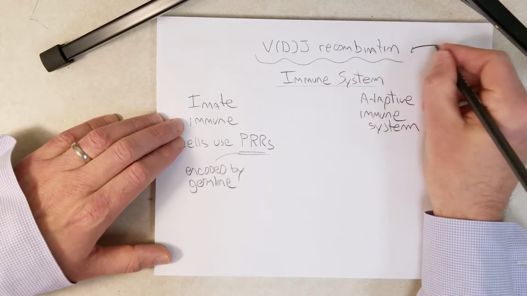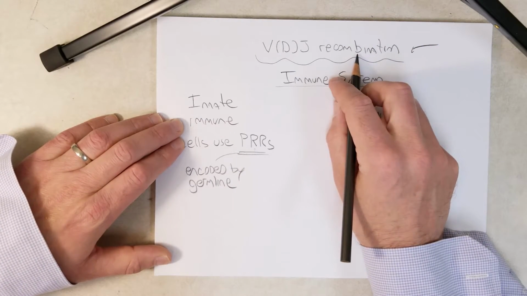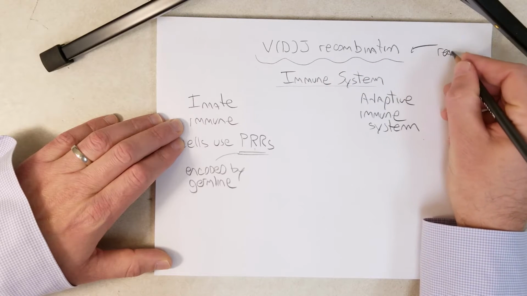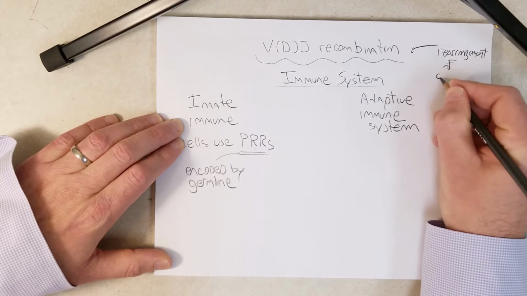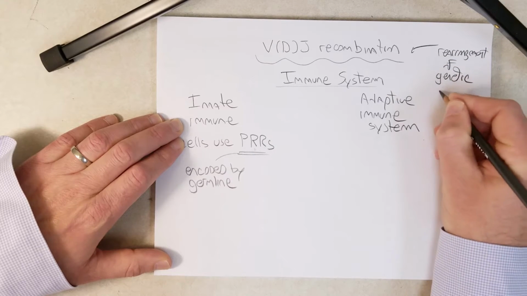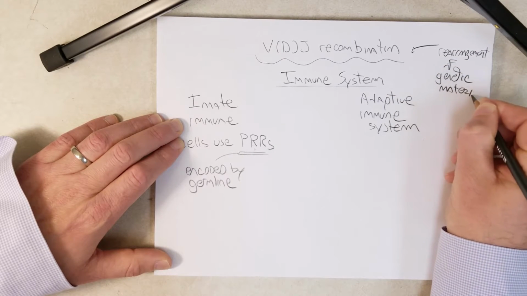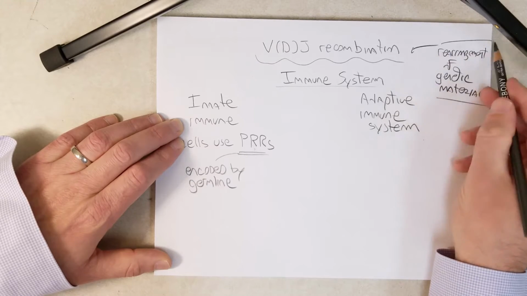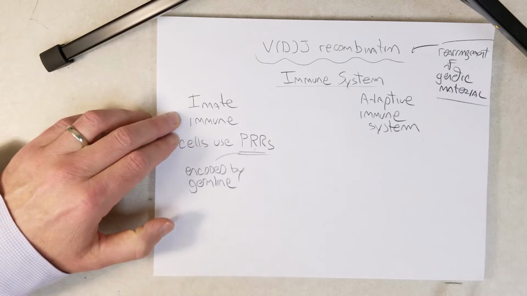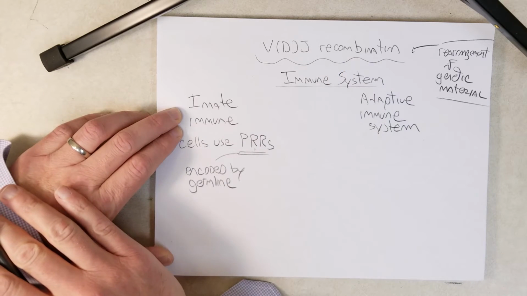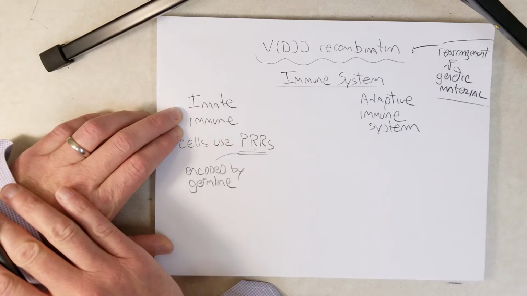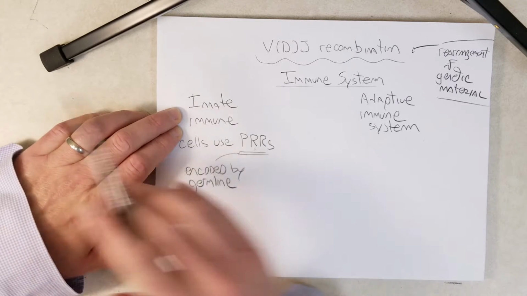Now, let me just touch on the definition of recombination: rearrangement of genetic material. Sometimes when we talk about recombination, we're referring to crossing over during meiosis. Sometimes we're talking about template mediated repair during DNA repair.